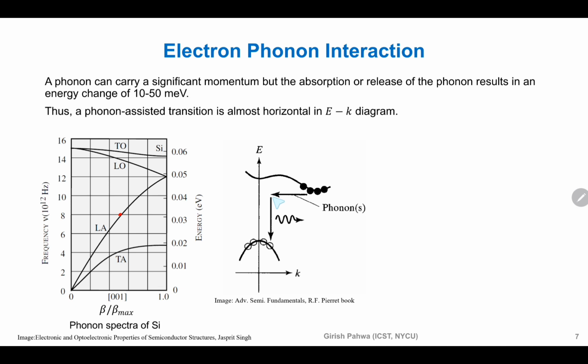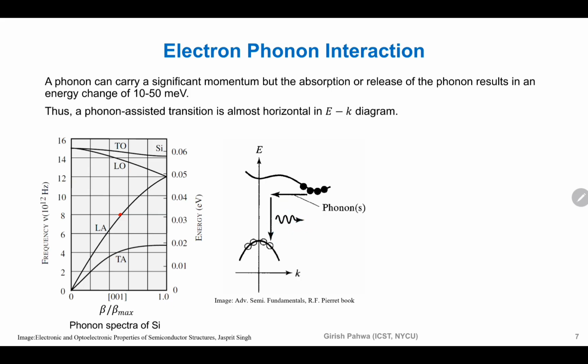Plus if you interact with a phonon, it will change the momentum by a large value, maybe here or here, right? So now electron cannot interact with a phonon. Now electron interacts with a photon. It releases a photon, loses its energy without changing the momentum in this process. So momentum remains the same almost, but it can change the energy by a large amount.